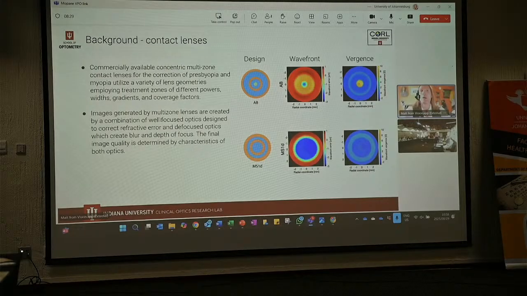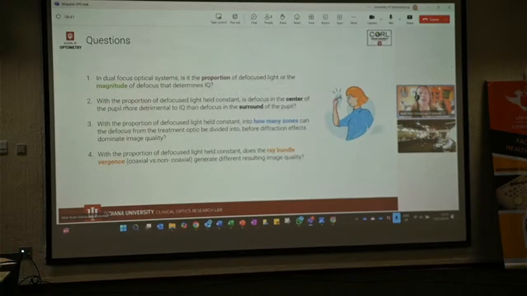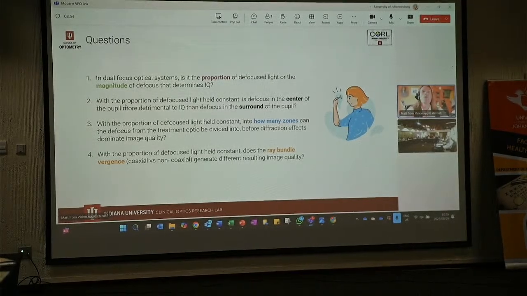The design has a very small localized zone. If you would like to understand what these zones do, what the optical effect is, we try to answer this question by focusing on four questions.